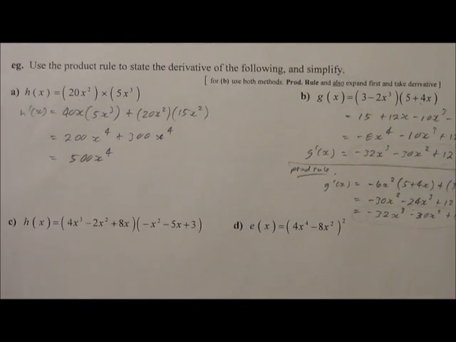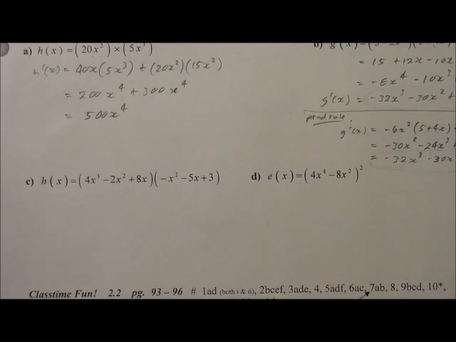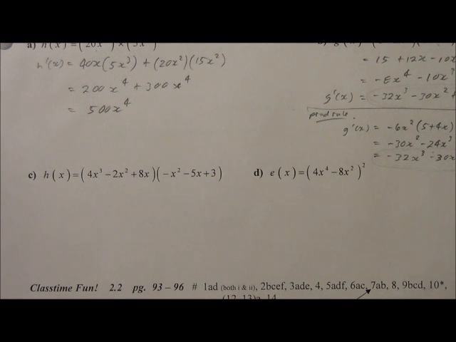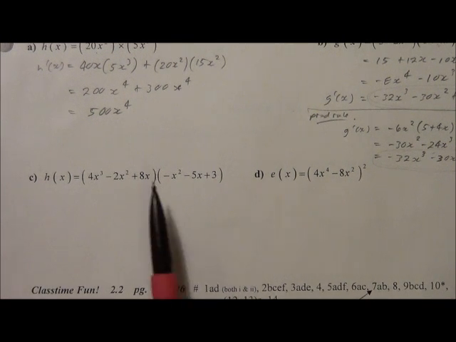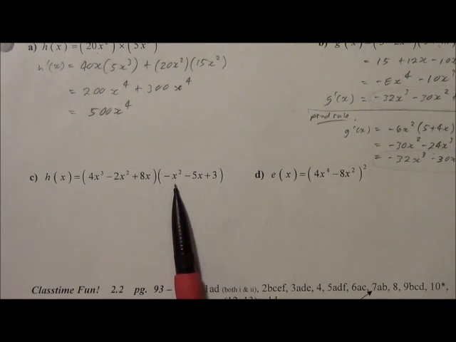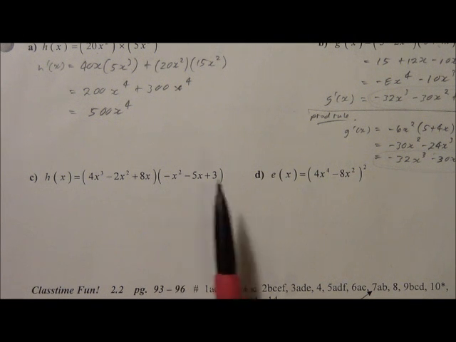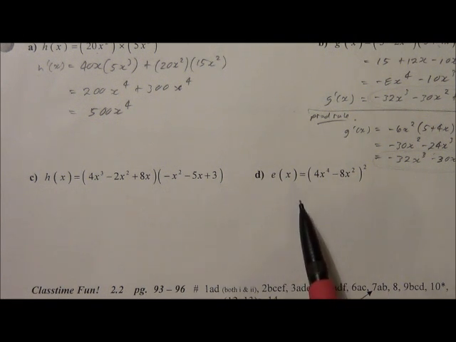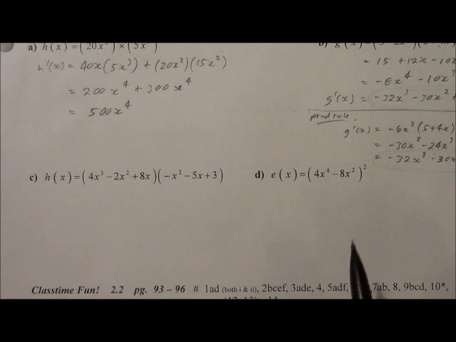Now things can get a little hairy here. We don't have a lot of space, so you may have to use some other paper to expand all this stuff out. But what I'd like you to do is pause the video now, please, and use the product rule to take the derivative of part C, function h of x, and also do the same thing for part D for e of x.